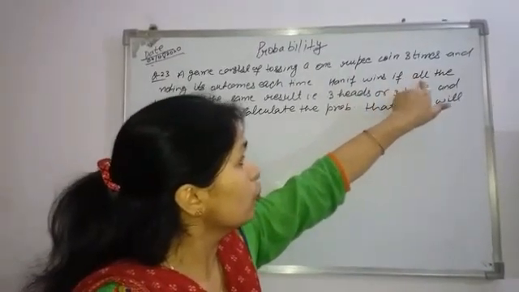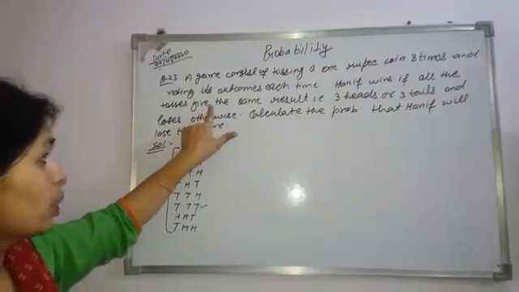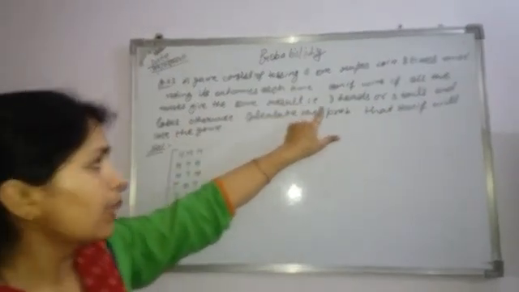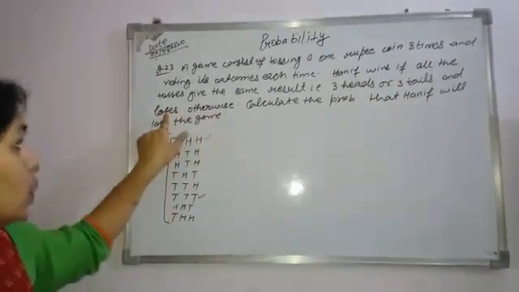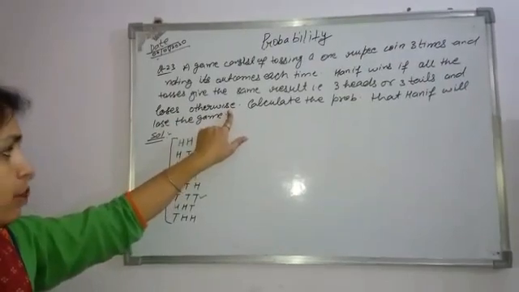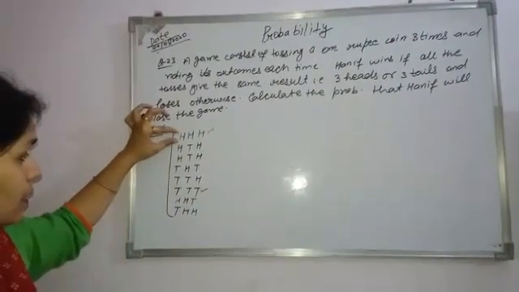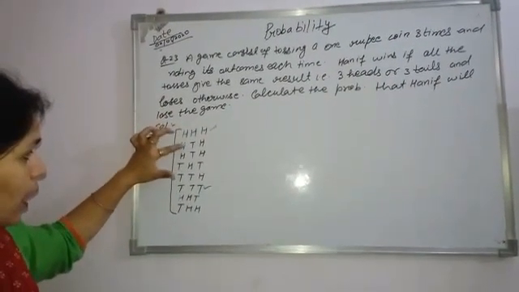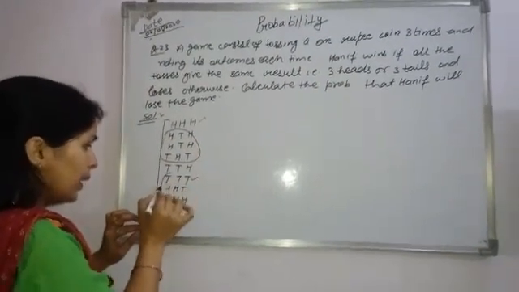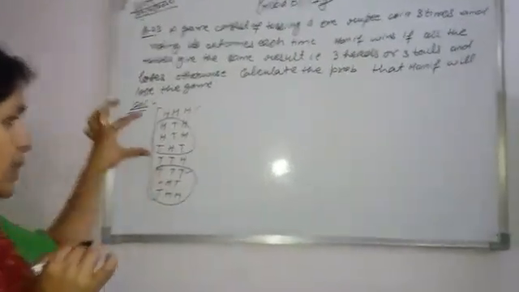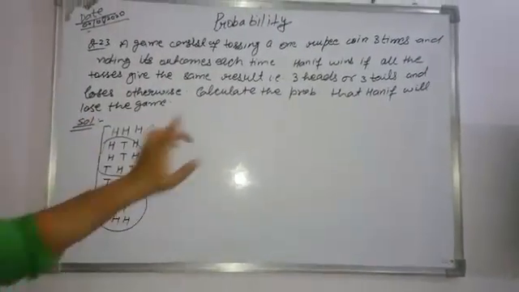Hanif wins if all the tosses give the same result, that is 3 heads or 3 tails, and loses otherwise. Except these 2 results, in the other 6 results, Hanif will lose the game.